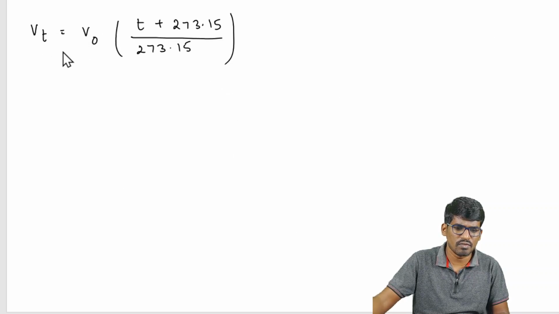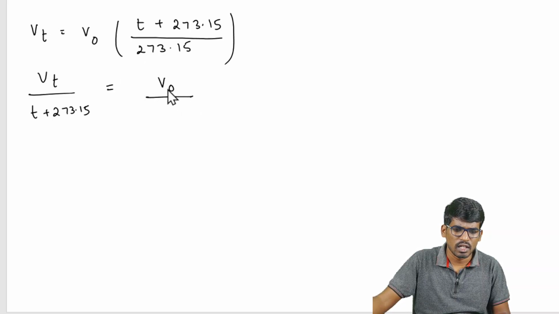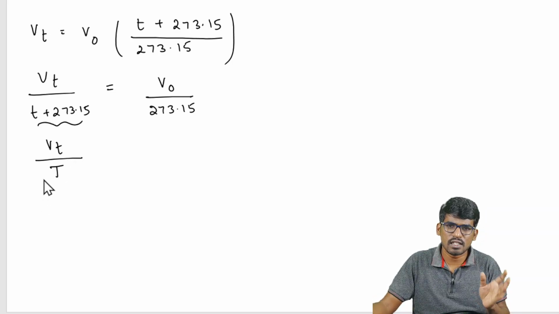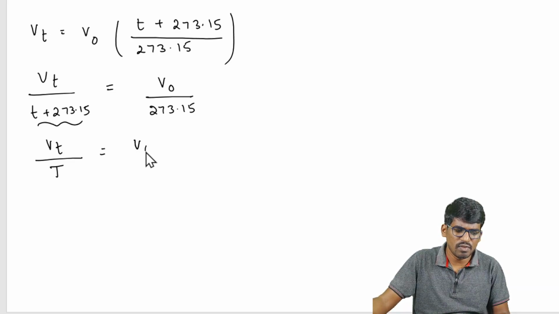So Vt upon T plus 273.15 is equal to V naught upon 273.15. But we are aware that T plus 273.15 means absolute temperature, because T degrees Celsius plus 273.15 is the temperature in Kelvin.